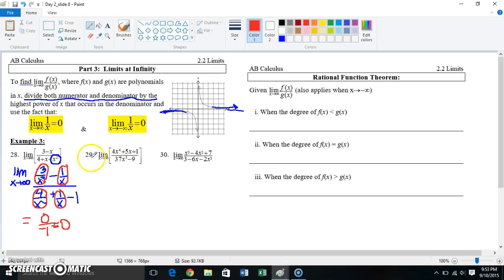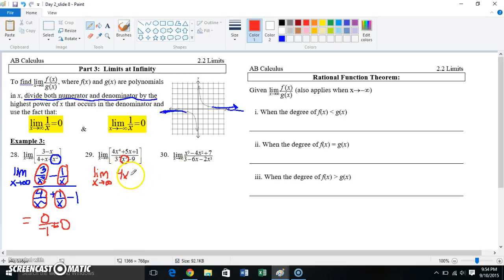Okay, let's take a look at number 29. The limit as x approaches infinity. We've got a 4th degree and a 3rd degree. I'm going to choose to divide by the highest degree in the denominator. Some people would do the highest degree overall. It really doesn't matter. But let's take a look. The limit as x approaches infinity of, this would turn out to be 4x.